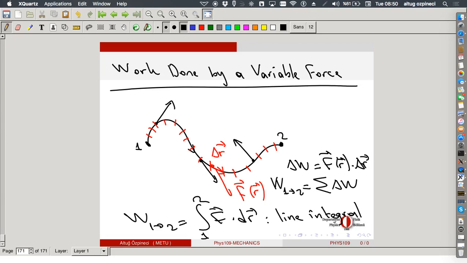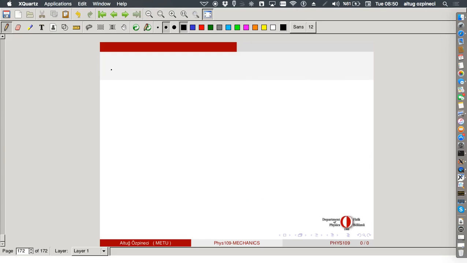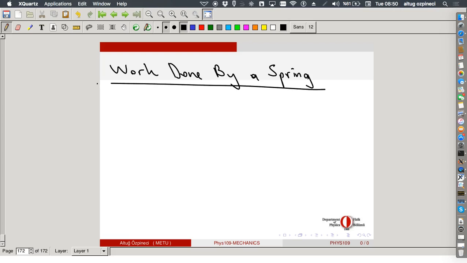Now let's do an application of this. We had already studied the force that the spring exerts. So let's take a spring. This is the equilibrium length.